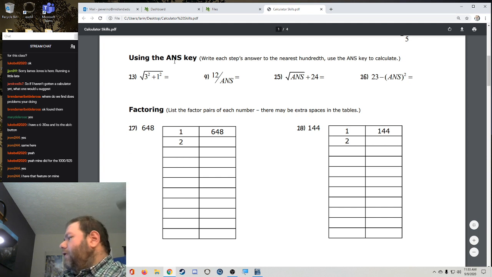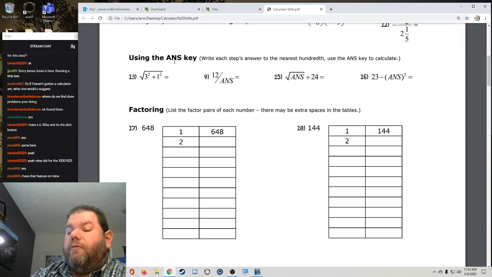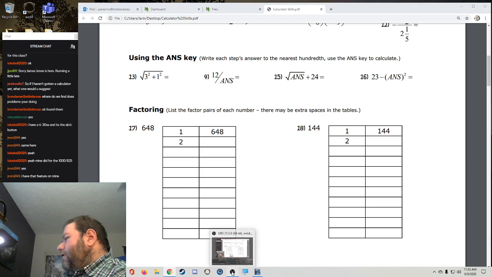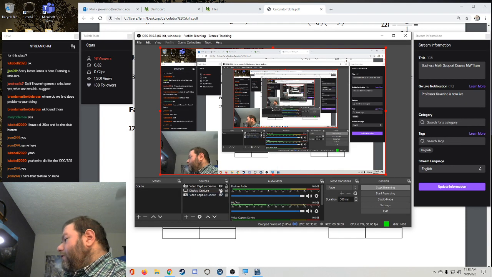The Ans key on this calculator, and let me switch back because I'm trying to show you something.